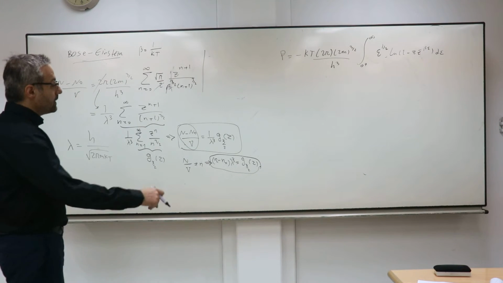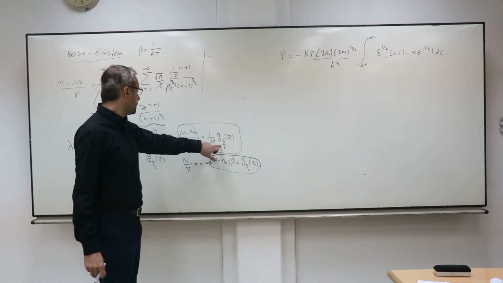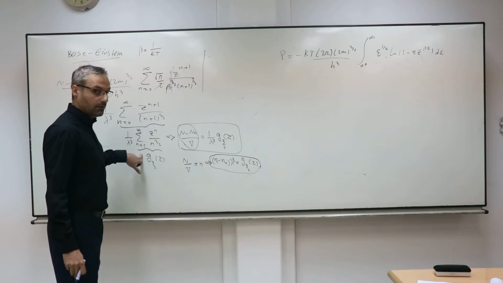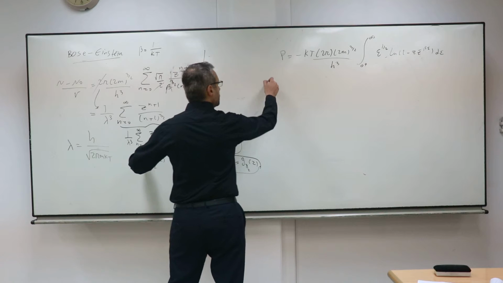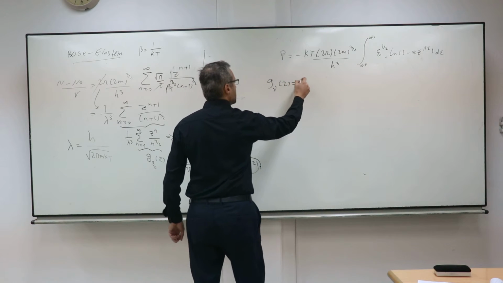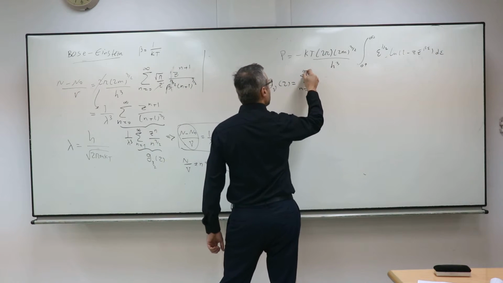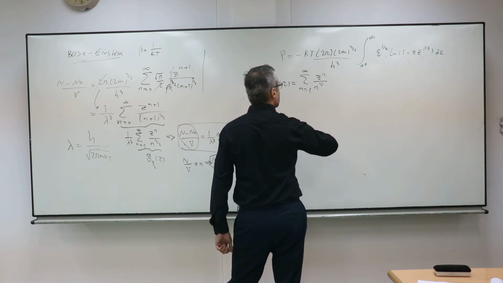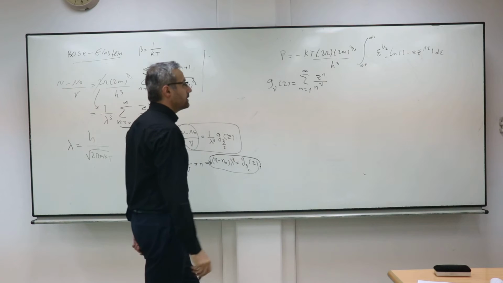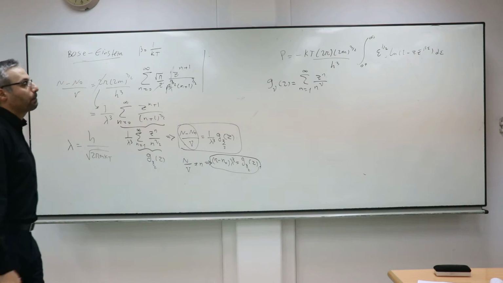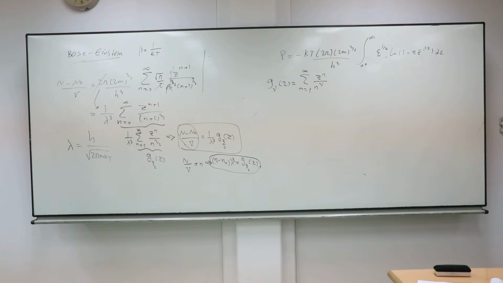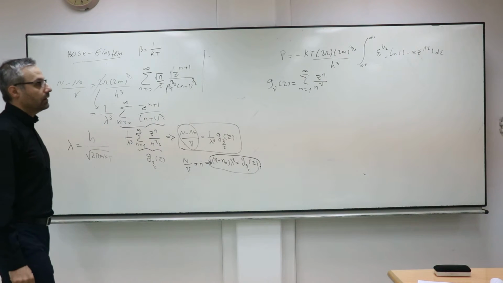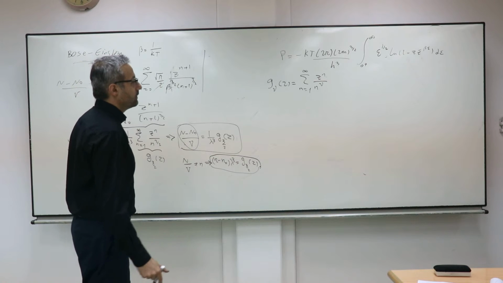To make this integral like the function which I defined here: g nu of z is actually the sum from n equals 1 to infinity of z to the n over n to the power nu. This is called the Bose-Einstein functions, a special class of the Lerch function.